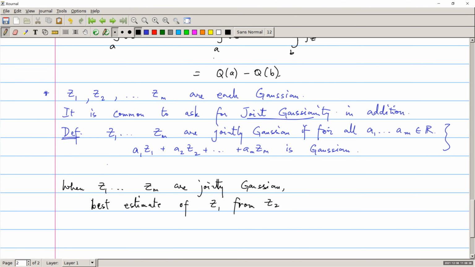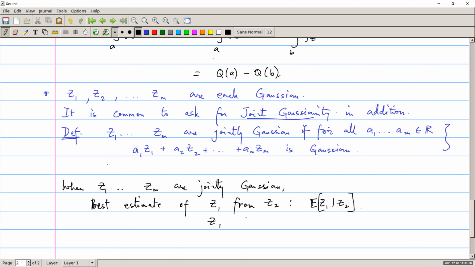In general, what would be the best estimate? The expectation of z1 given z2. Very good.